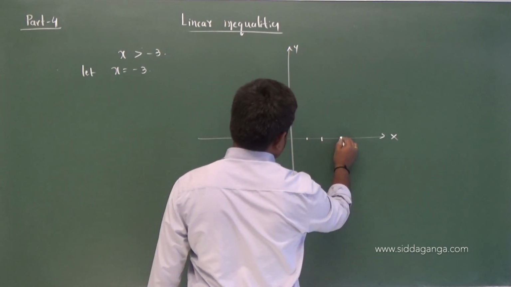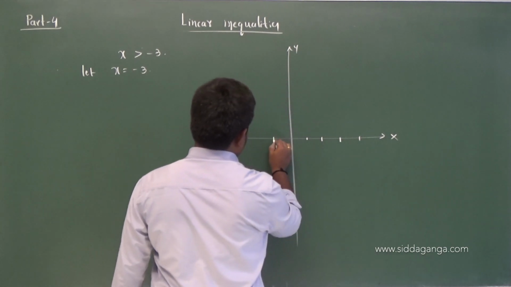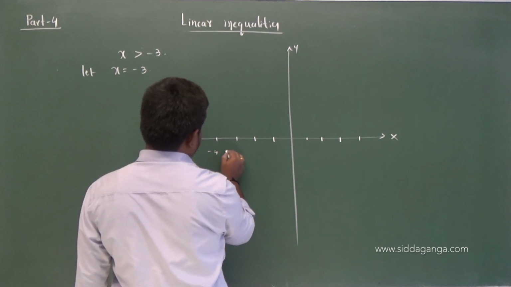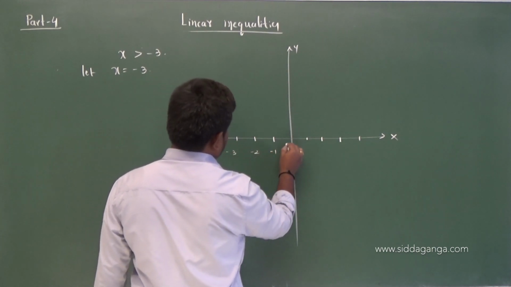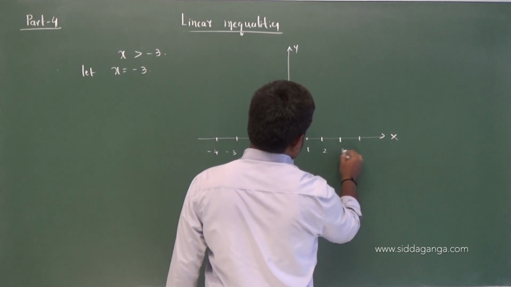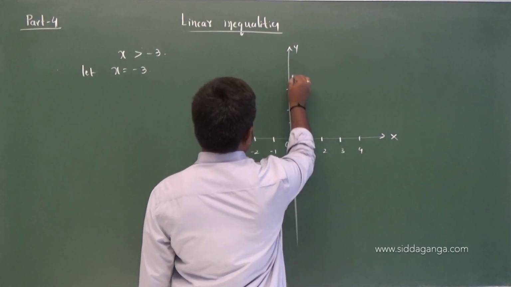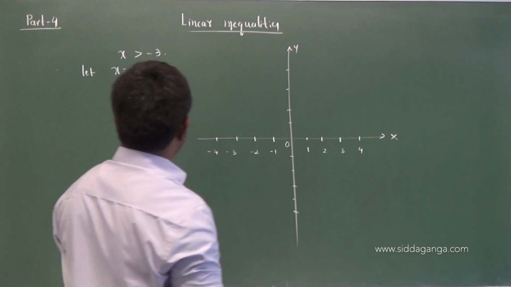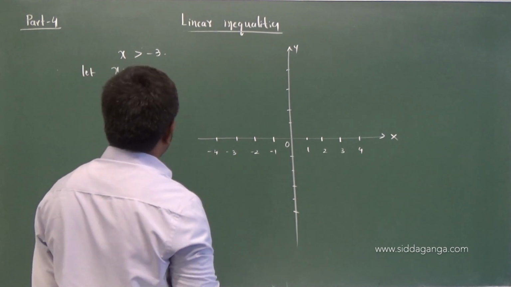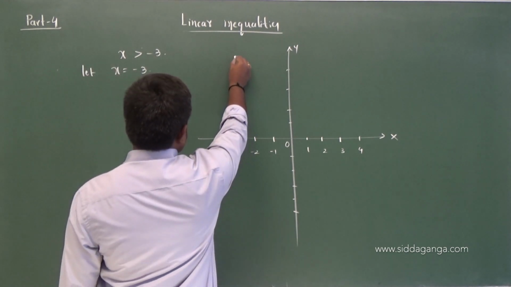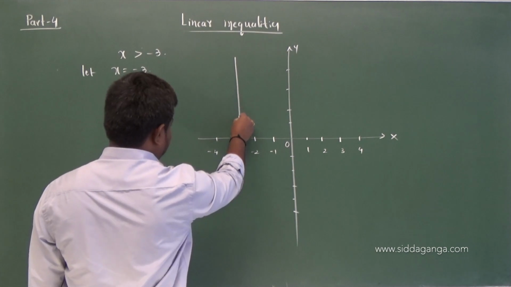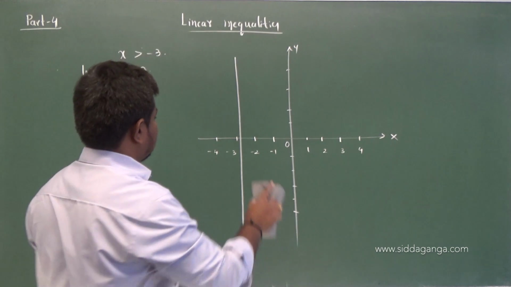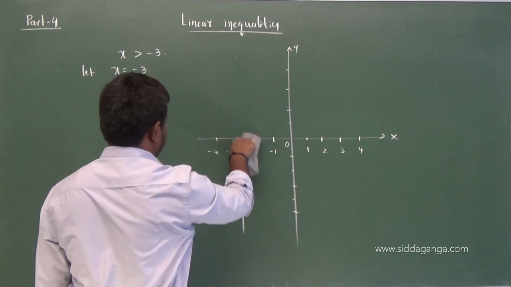This is 1, 2, 3, 4, minus 1, minus 2, minus 3, minus 4. x equal to minus 3 is a line parallel to the y axis passing through (minus 3, 0). It is a dotted line, because it is a strict inequality.